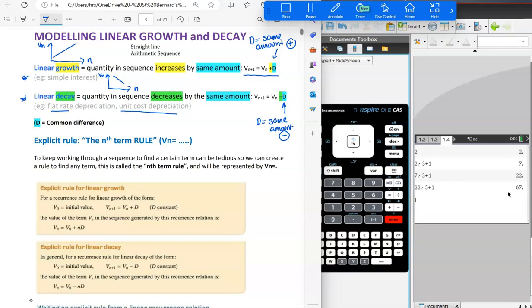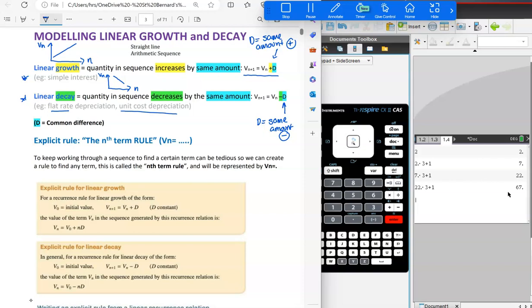So every time you're taking away 100, that's an example of flat rate. Unit cost is, say I had a photocopy machine that's worth $500. Every time I make a photocopy, it reduces its value by 2 cents. So see how it goes down every time it's used, but it's going down by the same amount. So it's another flat rate.